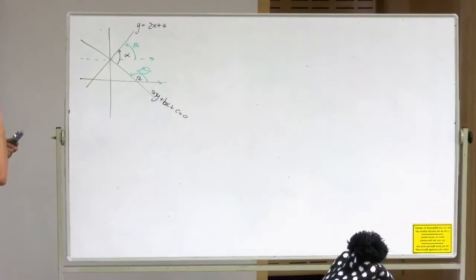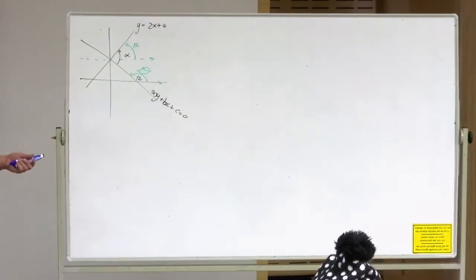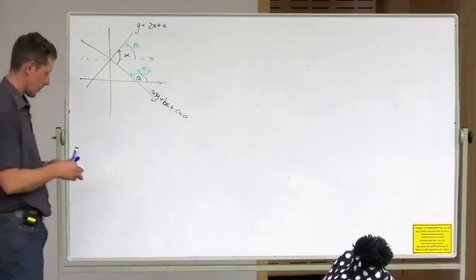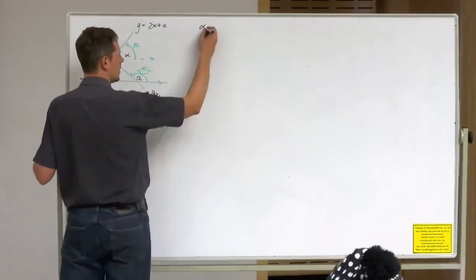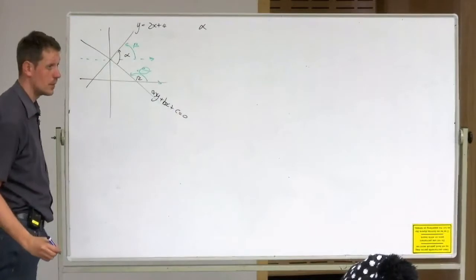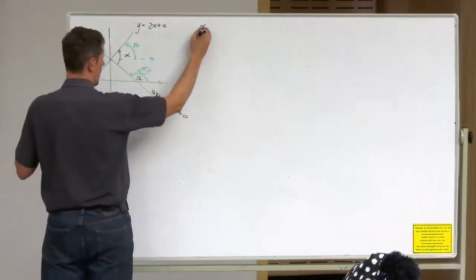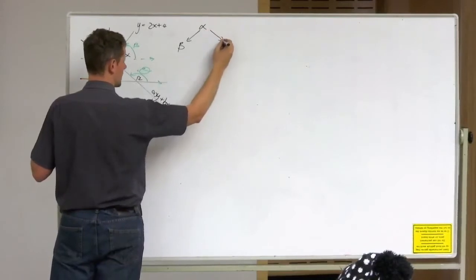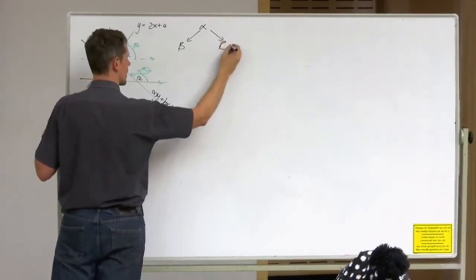Okay? So if I look at this, again, my monkey is alpha. My mountains is something to do with theta and beta.